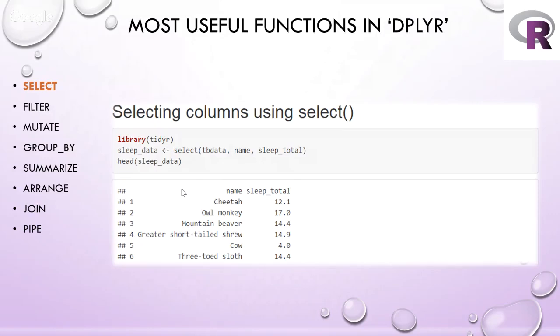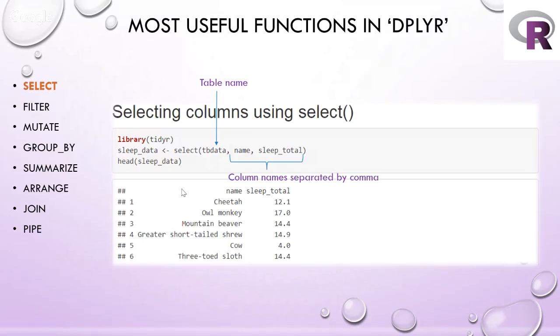Firstly, select. Select is used to just pick a few variables from our data set. Suppose we have 50 columns and we just want to pick 4 or 5 of them. Then we can use the select function, and in the brackets, first we mention the table name, and then the column names separated by commas.